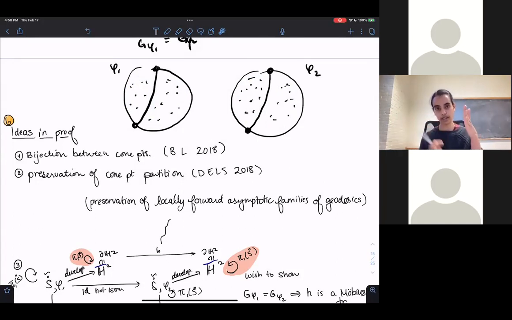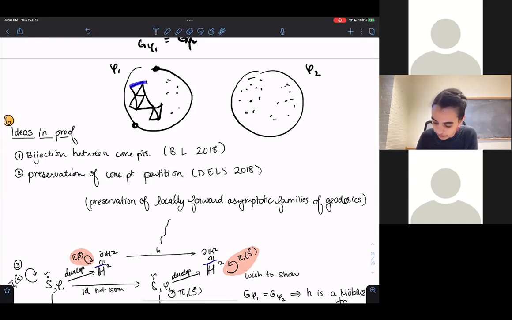So we make a triangulation where the vertices of the triangulation are the cone points. Okay, and because of all this preservation of partition and also the bijection of the cone points, for each one of these edges, we make an edge between the corresponding two cone points here.